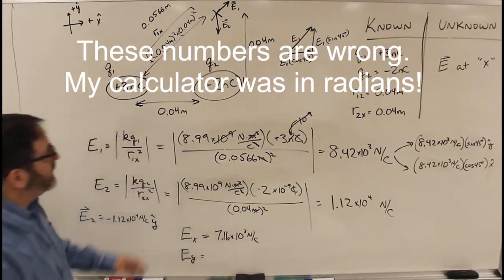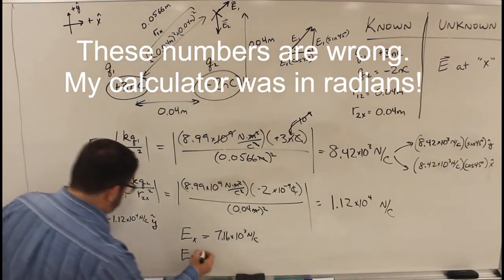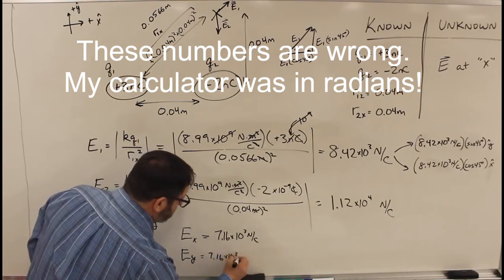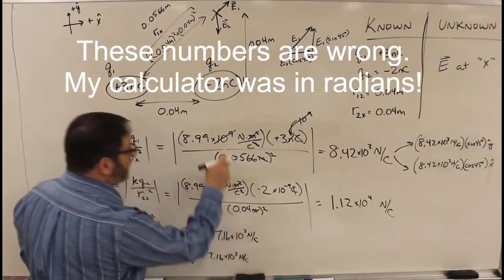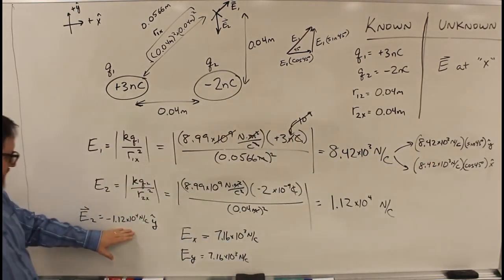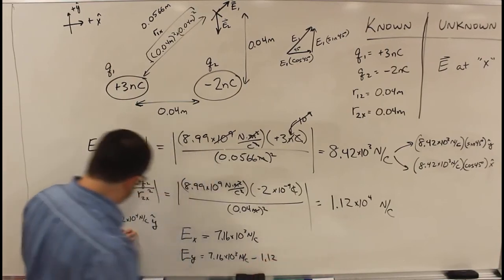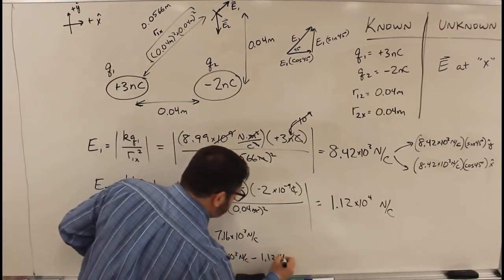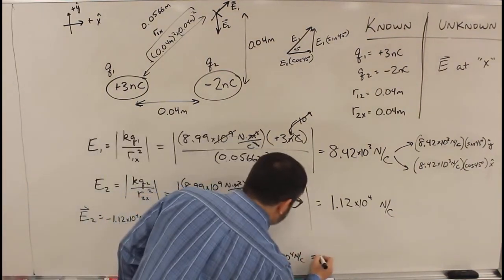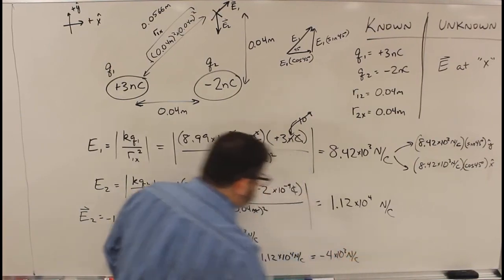Ey is, so that's plus 7.16 times 10 to the third newtons per coulomb from this one, minus 1.12 times 10 to the fourth newtons per coulomb. So this is negative 4 times 10 to the third newtons per coulomb.